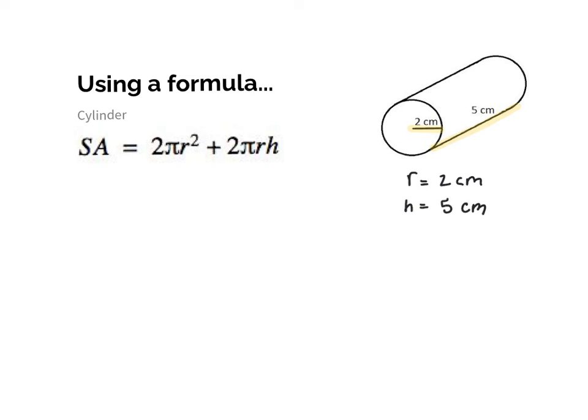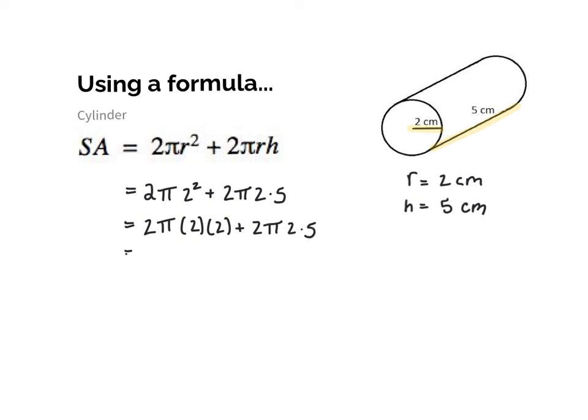Radius is 2, height is 5, and let's sub those in and solve using our formula. Resulting in the same answer we had before, 88 square centimeters.